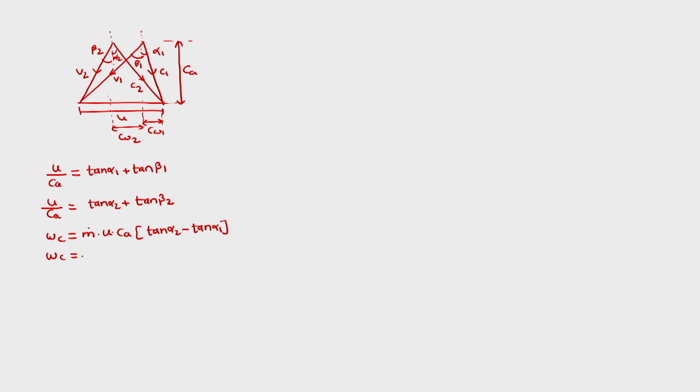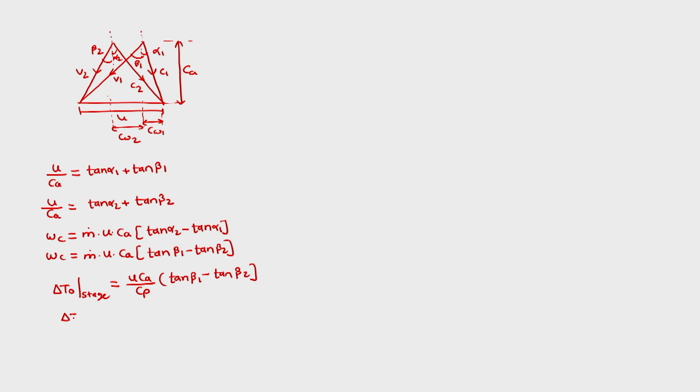So, compressor work is equal to m dot U CA into (tan beta 1 minus tan beta 2). There is a formula which we derived for delta T naught stage, and this is U CA upon Cp into (tan beta 1 minus tan beta 2).